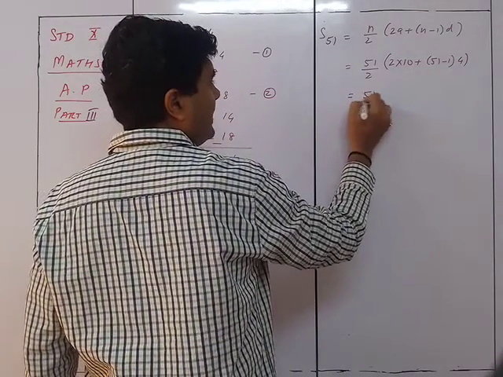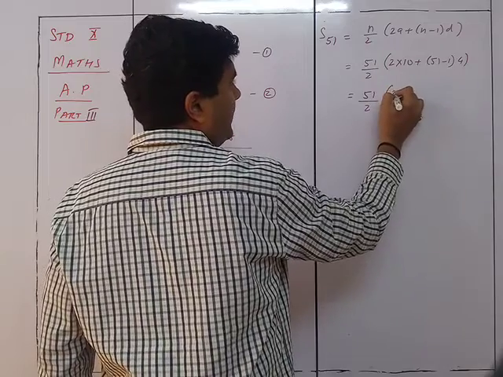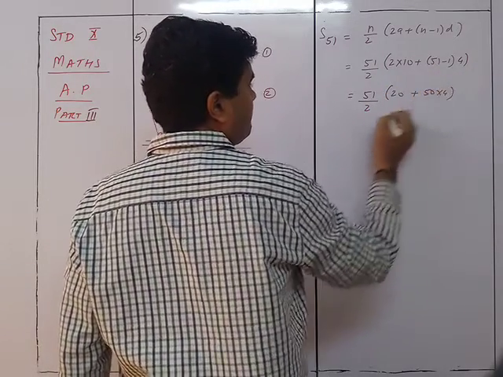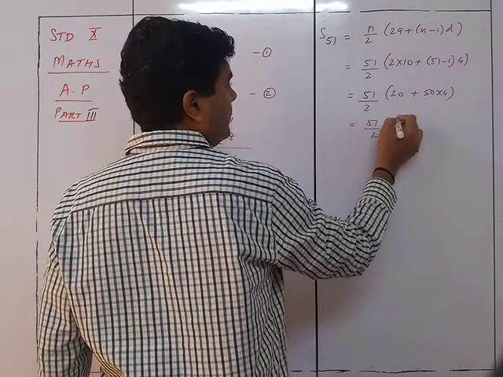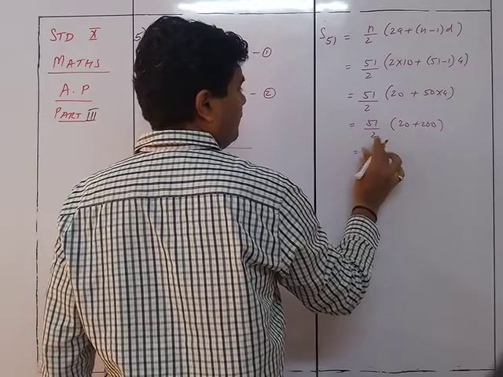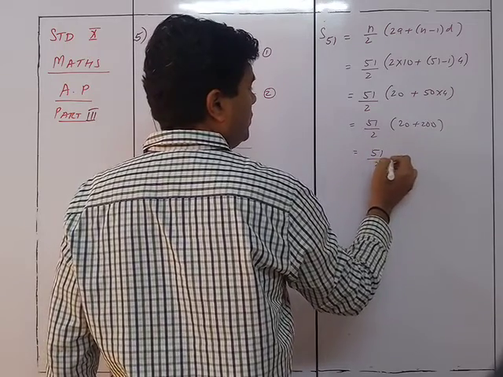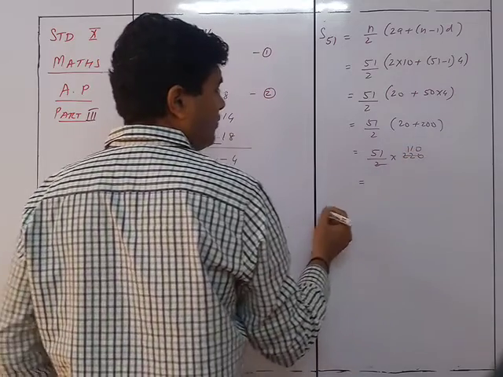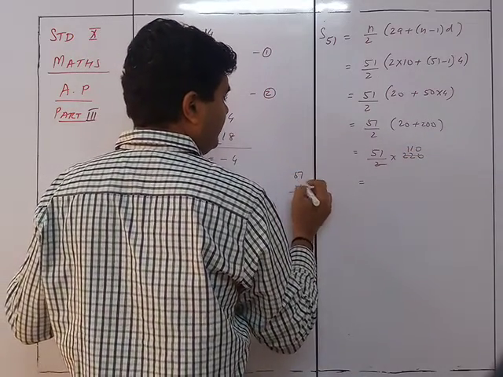That will be 51 upon 2 into 20 plus 50 into 4. That's 51 upon 2 into 20 plus 200. So that is 51 upon 2 into 220. That's 110. So that will be 51 into 110.